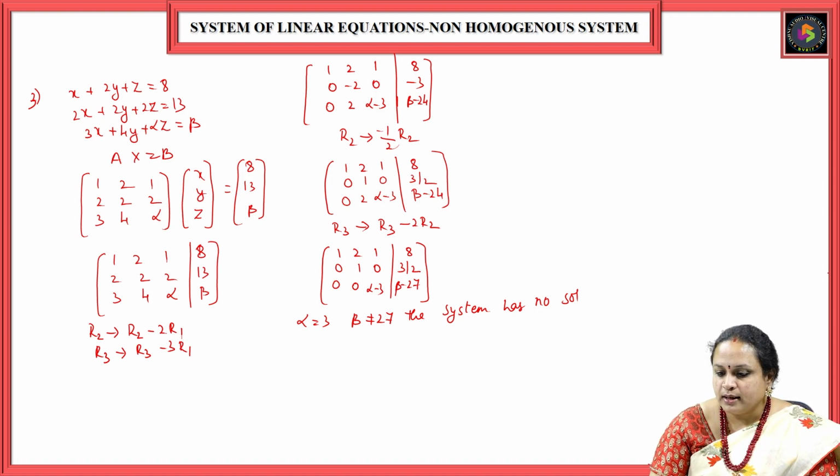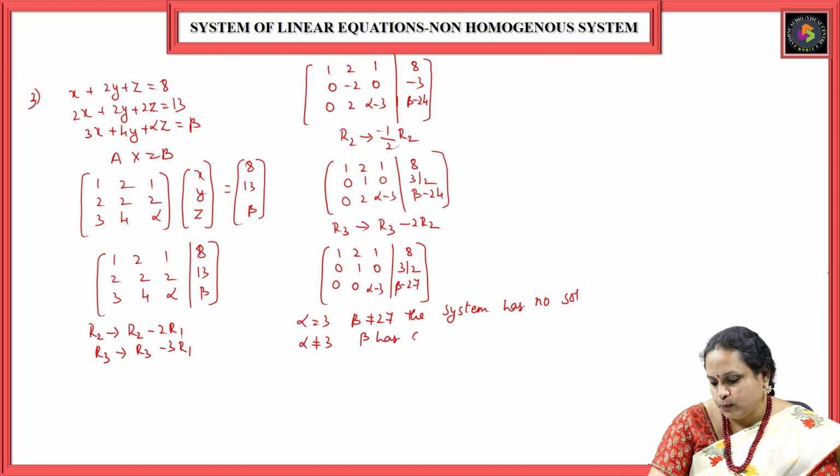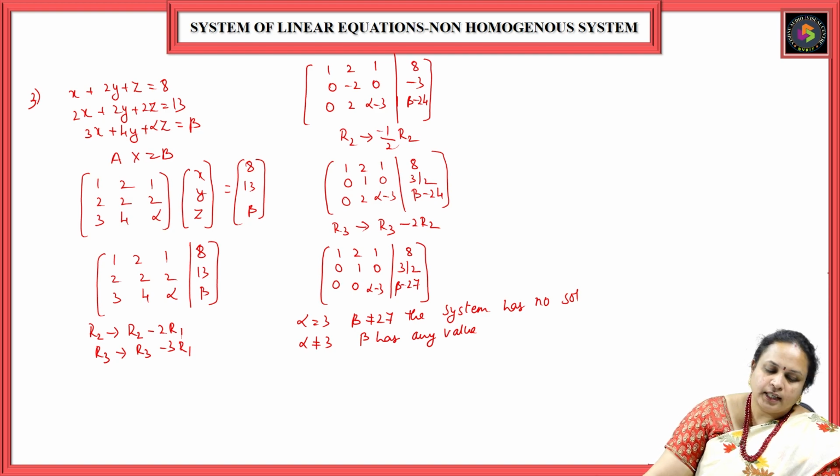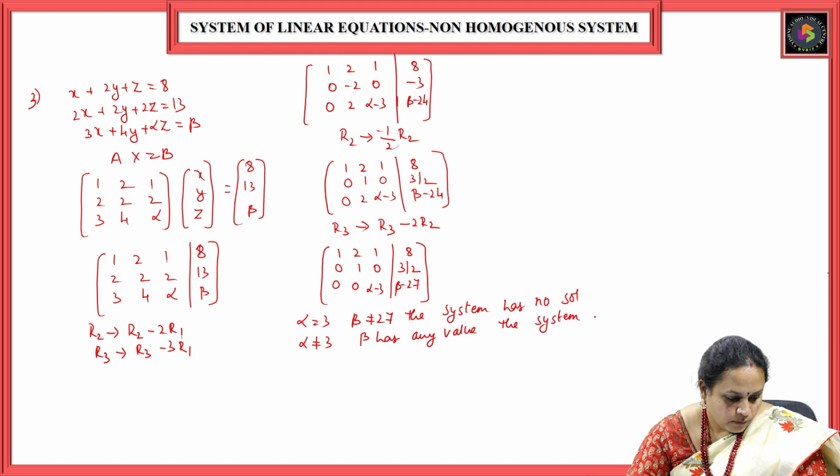Then coming to the second one, when alpha is not equal to 3 and beta has any value, the system has a unique solution.